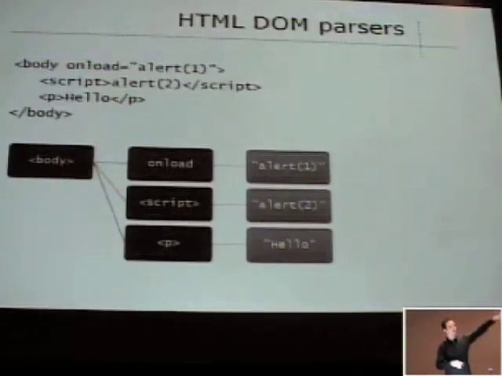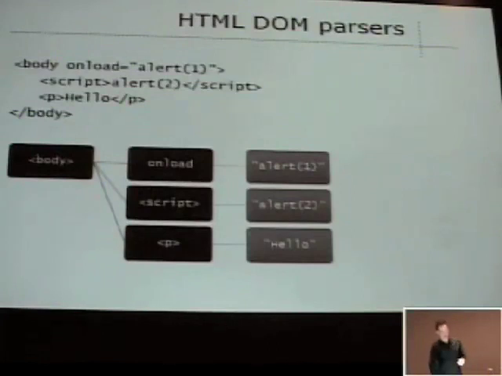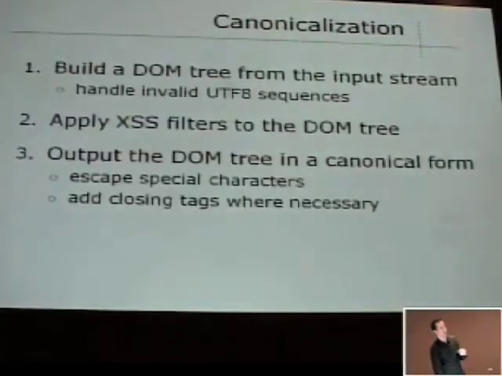So, for example, when we parse this, the filter will build this tree representation with a body tag that has an onload attribute that has an alert string for its value, and then you have a script tag, a p tag. This allows you to very clearly distinguish between what is a tag, what is an attribute name, what is a value.